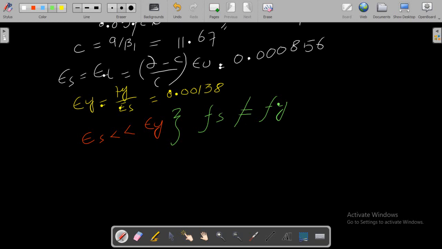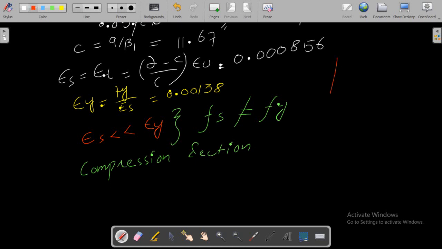Now from this we can say that the section is under compression. The steel is not yielding, so the section is a compression section. And we know the graph right here.